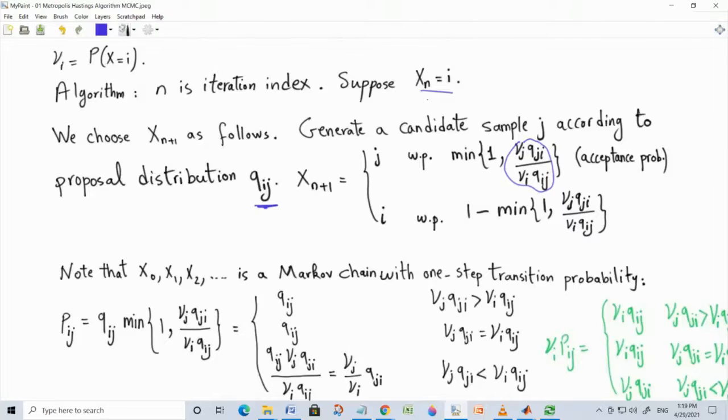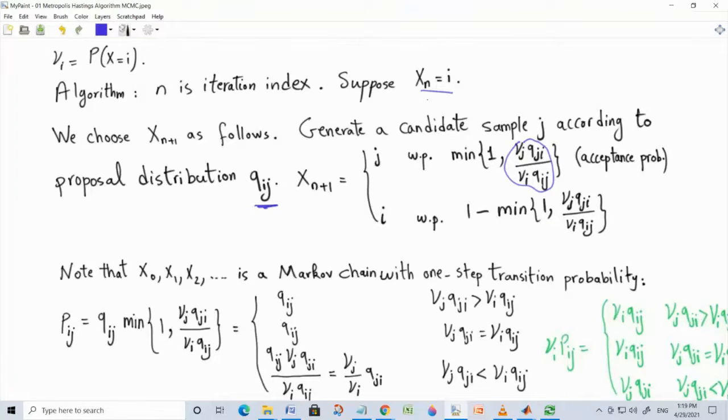So we have the Markov property built in. Given that X_n is equal to i, you use the Q_ij's to choose a candidate for X_{n+1}, and then you accept it with some probability, or you keep the output at i with 1 minus that probability. So it's a Markov chain. What is the TPM?